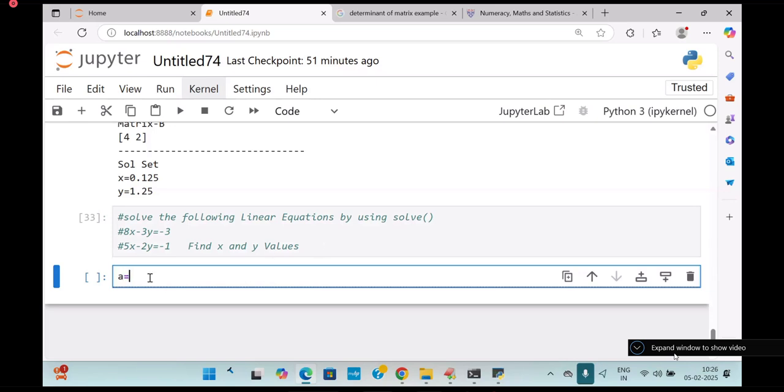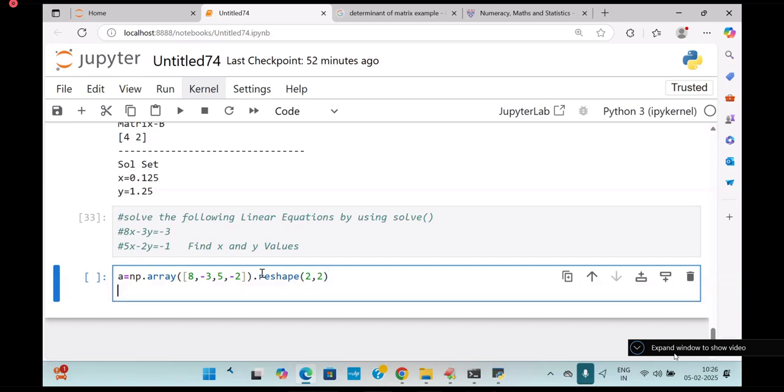A is equal to np dot array of, directly I will take reshaping mechanism. 8 comma minus 3 comma 5 comma minus 2 dot reshape of 2 comma 2. Next, b is equal to np dot array of, I will take it as minus 3 and minus 1. Got it.